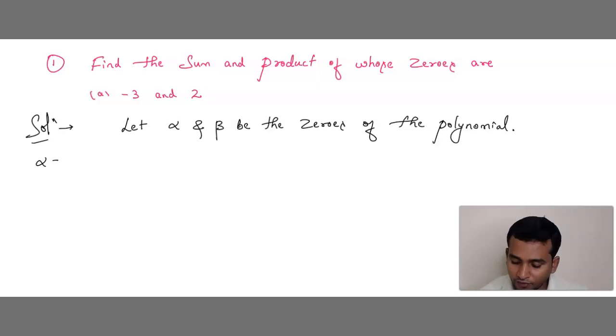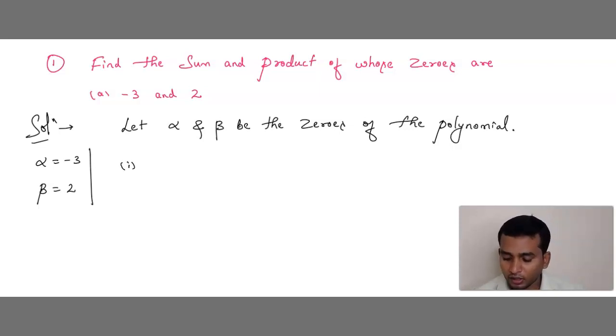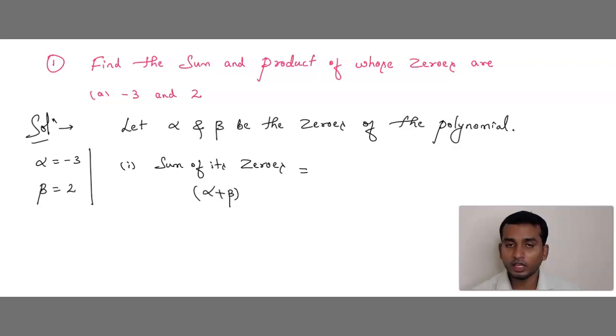First answer is alpha, that is minus 3. Second answer is beta, that is plus 2. Done? So first what should we find? Sum of zeros, right? So then you write sum of its zeros. Sum of its zeros means alpha plus beta, correct? So what was the formula?